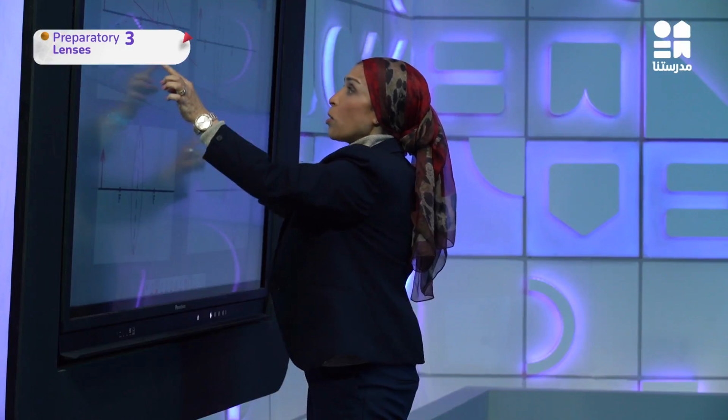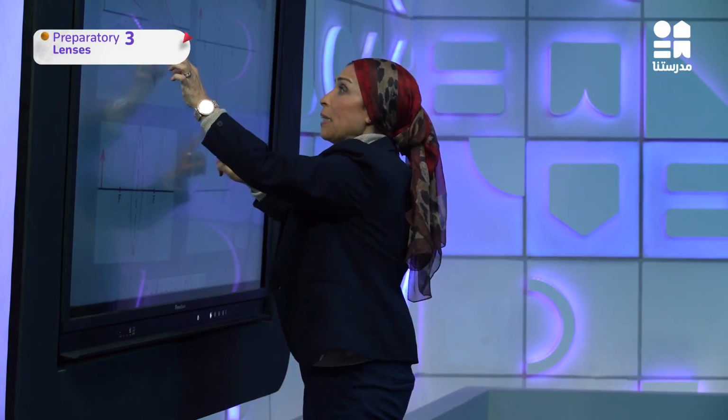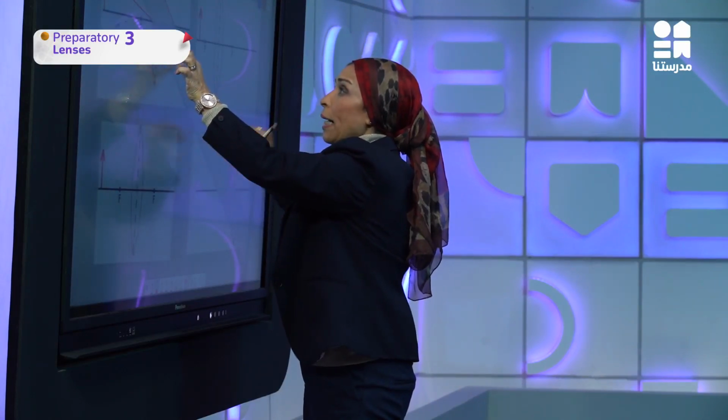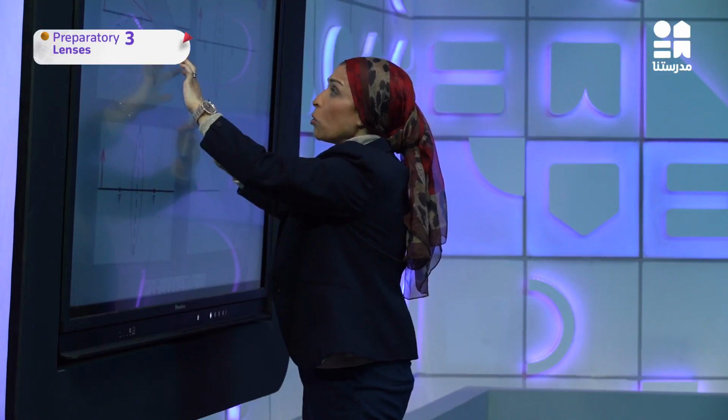Here my image. How can I draw the image? First of all, I'm going to look for the point where the rays intersect. This point is where I will draw the intersection, because this is the start from which I will draw the head of the object.